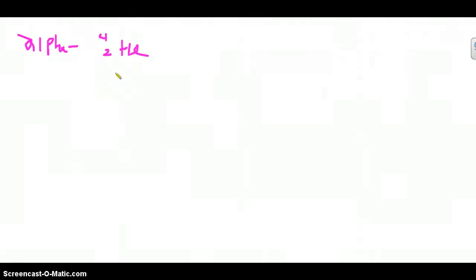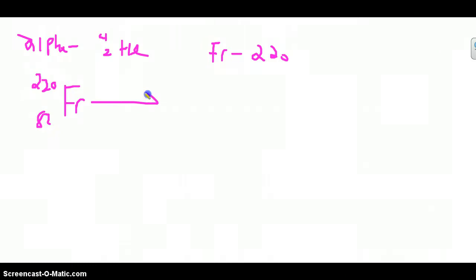I want to use an example of what happens to francium-220. 220 denotes the mass number, by the way. So it would be francium 220 here, and its atomic number is 87, and it becomes a helium nucleus comes out from it, right? The alpha particle is being emitted from it, so it has to be on the right side.